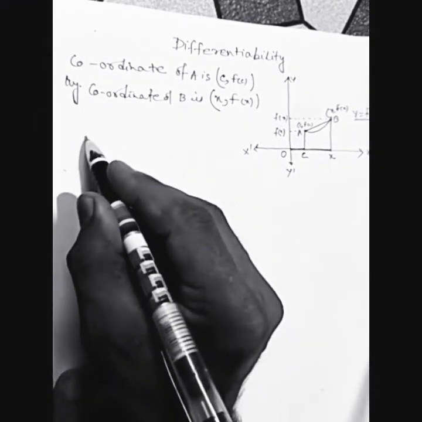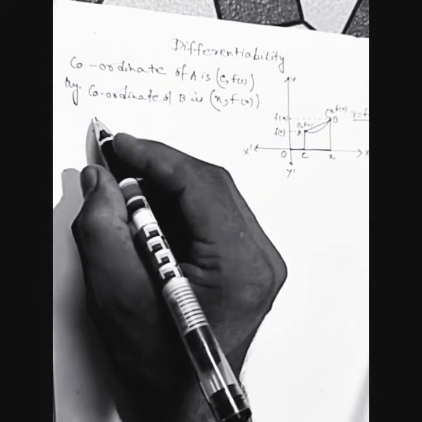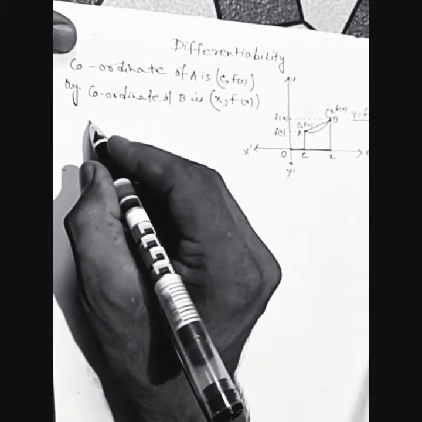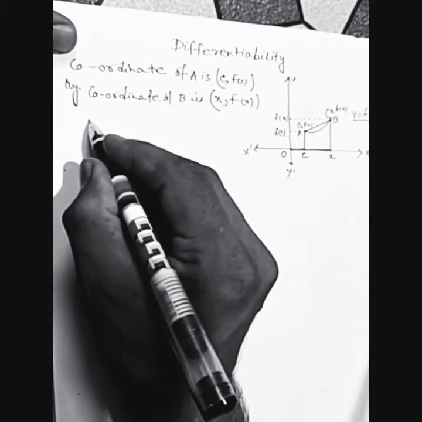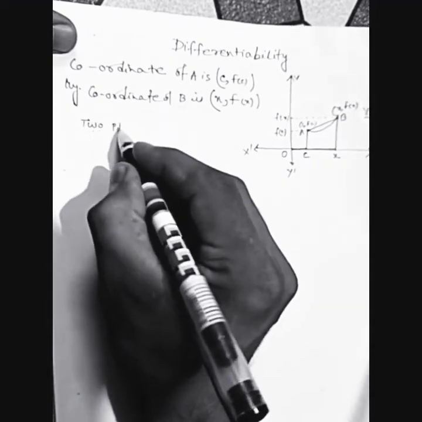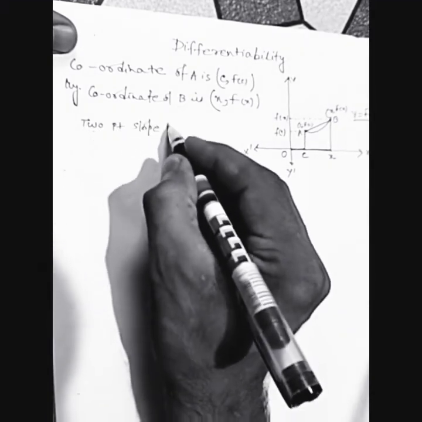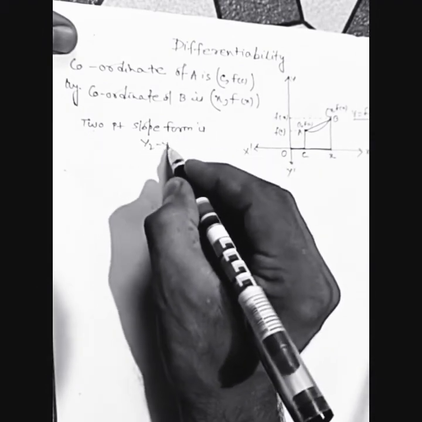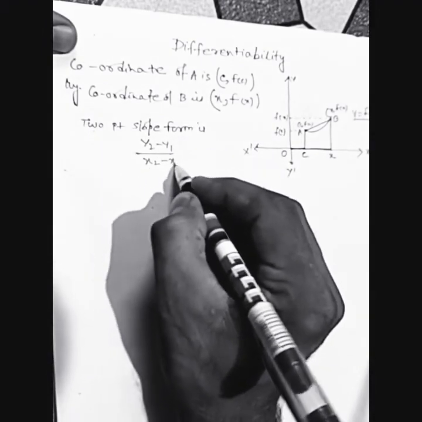Now see, we've learned previously that we can find the slope between two points. The two-point slope form is y2 minus y1 divided by x2 minus x1.